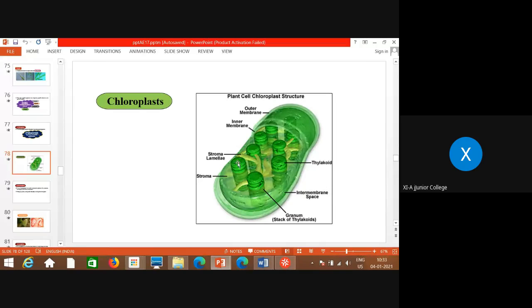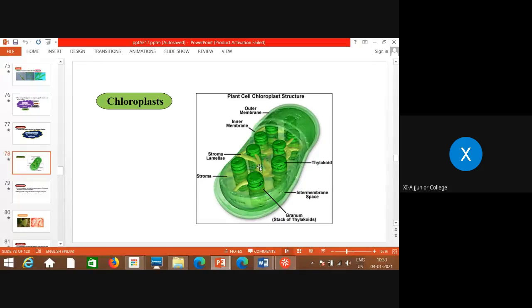You can see one more thing, that these grana are connected to each other by tubular structures. Can you see here? These are called intergranal lamellae, or also called stroma lamellae, which connect neighboring grana.